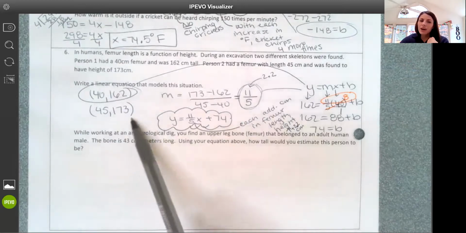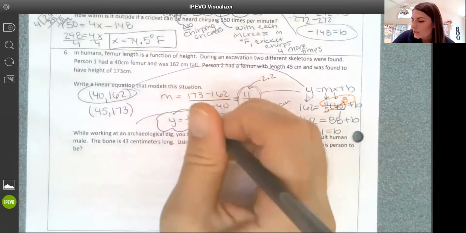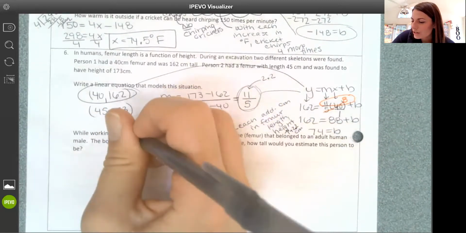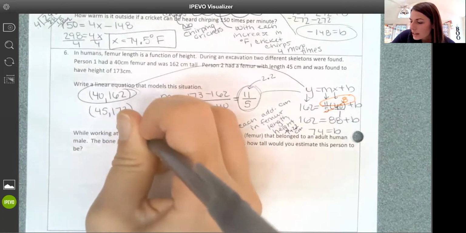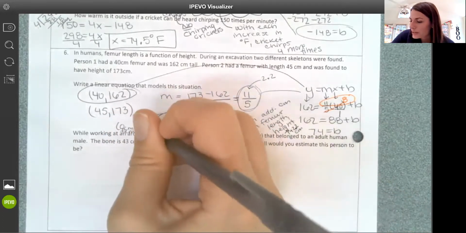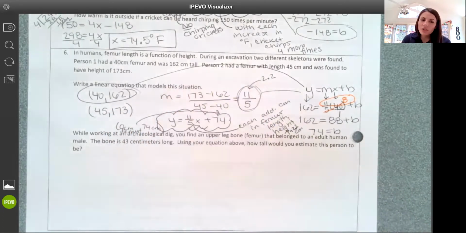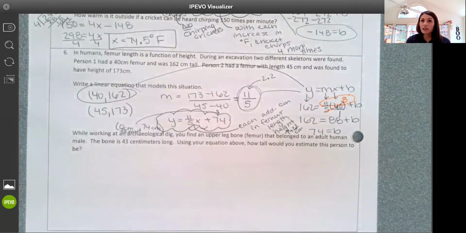And then the y-intercept, 74, that's kind of weird. That would be like a femur of 0 centimeters with a 74 centimeter tall person. Now, obviously there's no person with a 0 centimeter femur. So that y-intercept doesn't make a ton of sense in terms of the actual reality of what's happening there. But then again, you'd never be plugging in a femur that's 0.